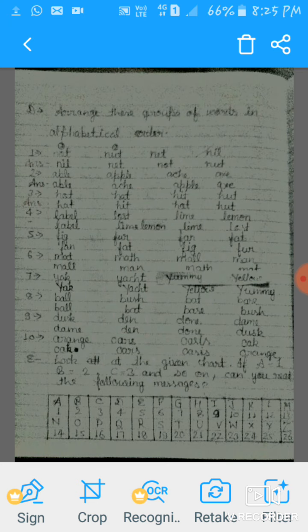So listen carefully. Dear children, we all know that in the English alphabet we have 26 letters, starting from A to Z, okay? And combinations of these letters are used to make the different words that we have in the English language.